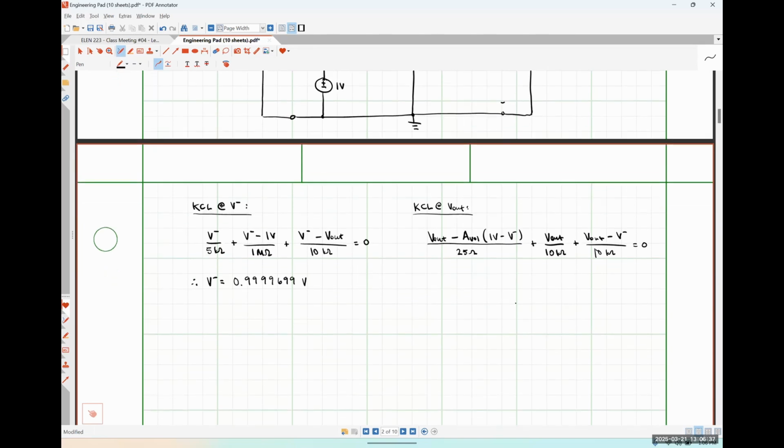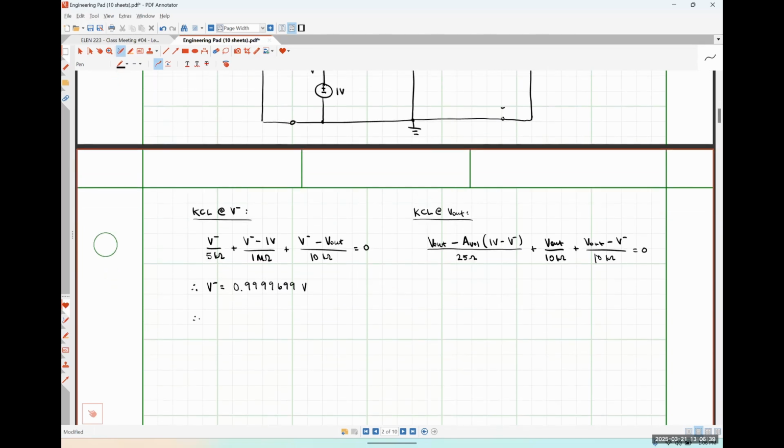I also get V out to be 2.9999093 volts. Obviously, that is approximately 3, but I'm trying to illustrate what's going on here. Okay, so there's my answer for part A.